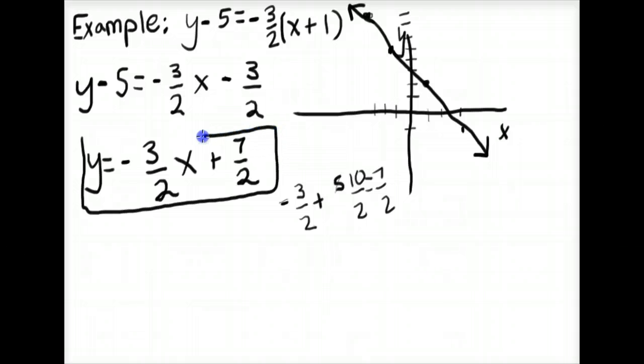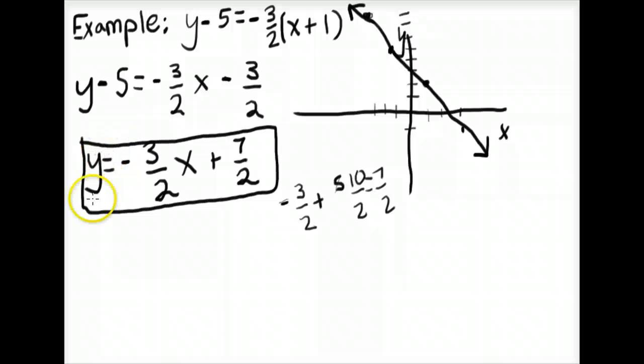At this point, we need to get it into standard form, ax plus by equals c, where a, b, and c are all integers. To do that, we need to have x and y on the same side of the equation, as well as get rid of all these fractions. We first get rid of the fractions by multiplying both sides of the equation by 2.